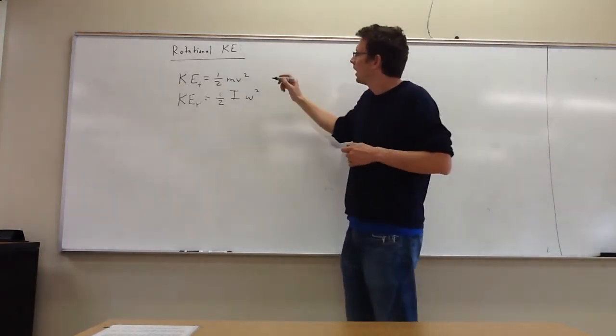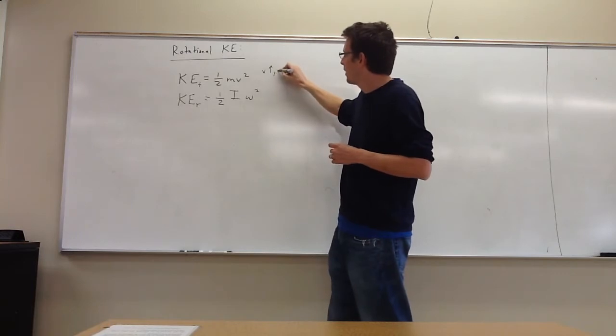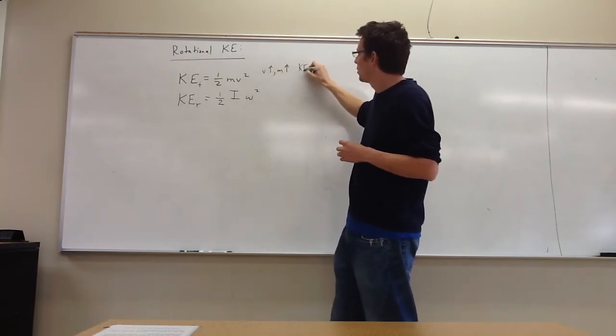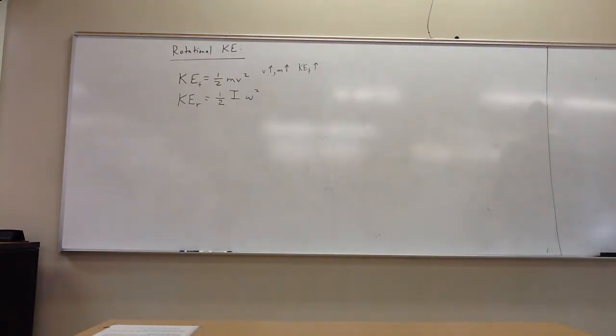Just like on the linear side, if you go faster or you have more mass doing it, those are both things that make you have more kinetic energy, right? That's exam 2 stuff. Do you know that a car going 50 miles an hour has more kinetic energy than one going 2 miles an hour? You also know that mass matters, right?